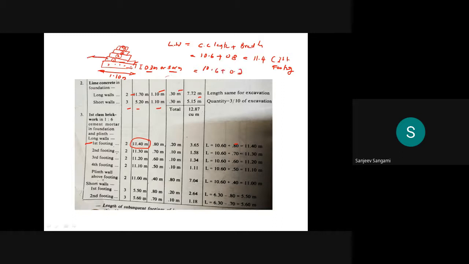Because for the first this thickness is 0.8, for the second one it is 0.7, then 0.6, then 0.5, like that it is there. So similarly, these are the calculations: 10.6 plus 0.8, 10.6 plus 0.7, 10.6 plus 0.6, 10.6 plus 0.5. This is for the length calculation.